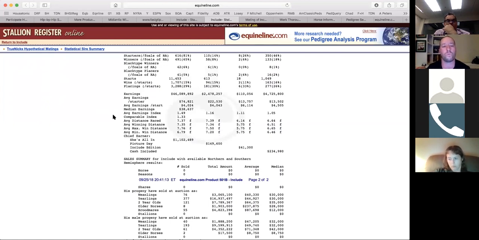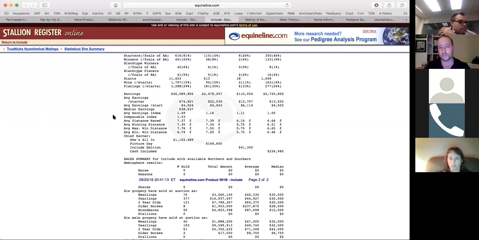But the average earnings index for my purposes is most useful as a comparison with the comparable index, which is similar to the average earnings index, except it ranks the average earnings of all of the other foals out of the dams of runners by Include. It's complicated. So if Wings of the Storm, for instance, all of her other foals, their baseline or their average earnings would be 1, and then the foals by Include would be 1.33.